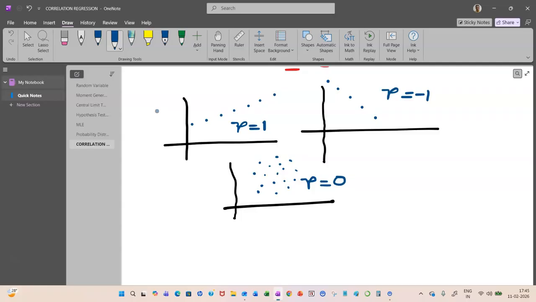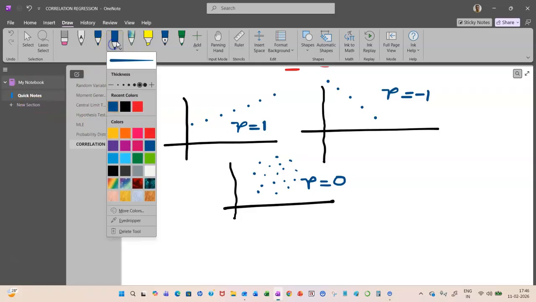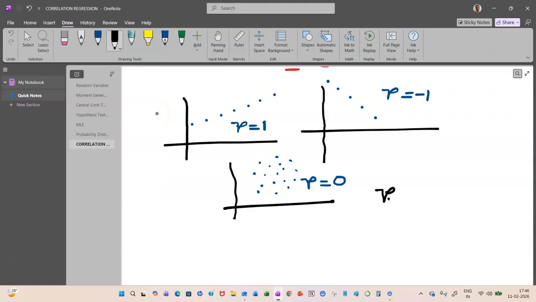And r is symmetric: the correlation coefficient between x and y is the same as between y and x, r xy equals r yx.